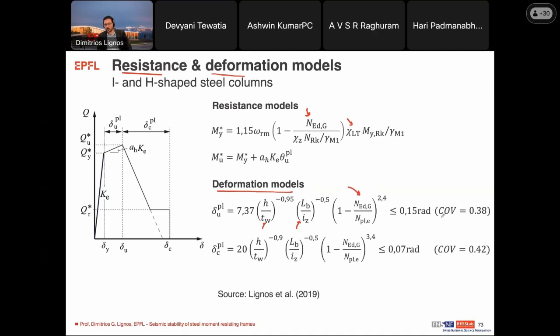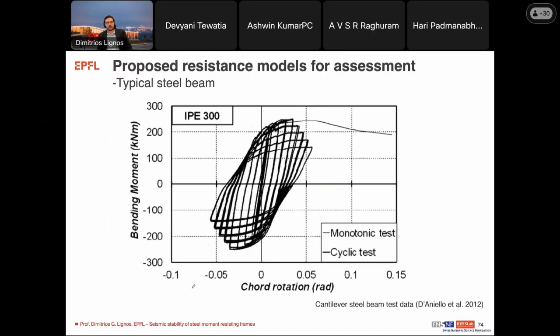Notice that all these expressions come with a coefficient of variation, so that you can know how much variability you have, and you can perhaps put a penalty there if you don't feel comfortable with the mean values that are in the code. If you compare some of these models with what I showed you earlier, the green would be what is currently in Eurocode 8 Part 3, and the red would be what is proposed and adopted.